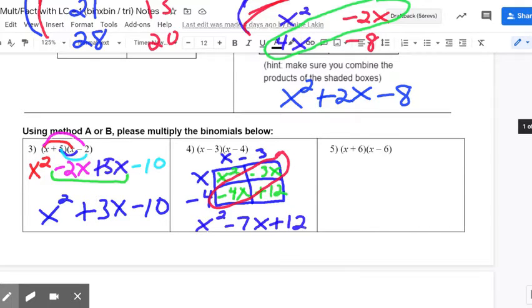And then if we go with the distributive method again, x times x is x squared. X times negative 6 is negative 6x. This one produces an interesting result because then 6 times x is plus 6x.